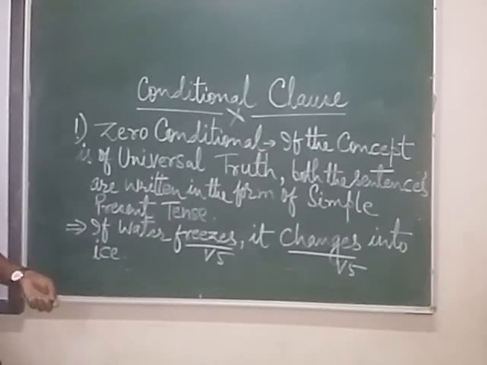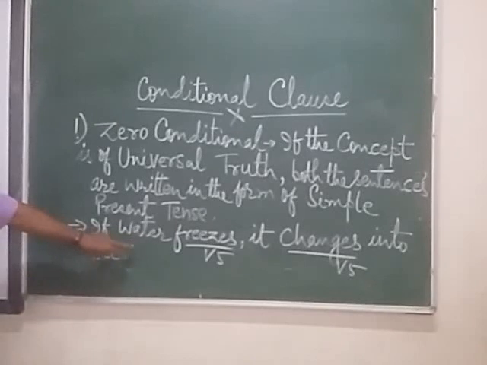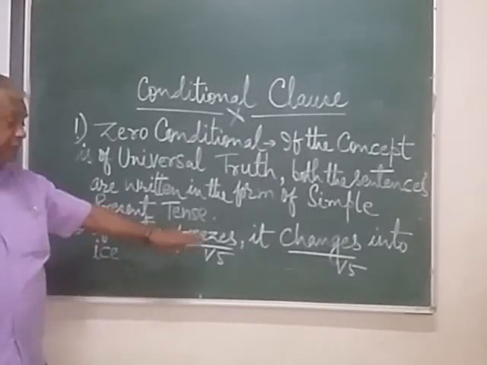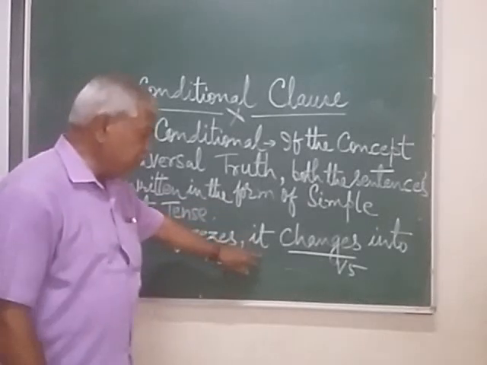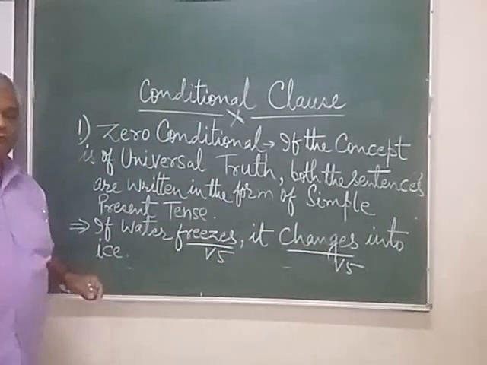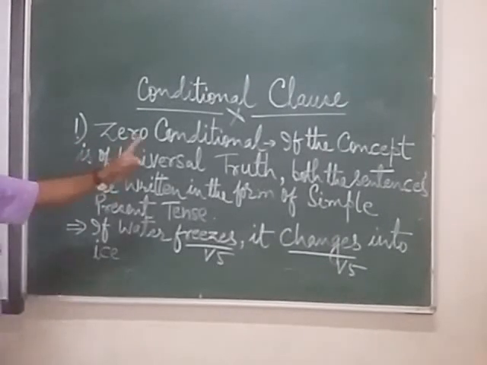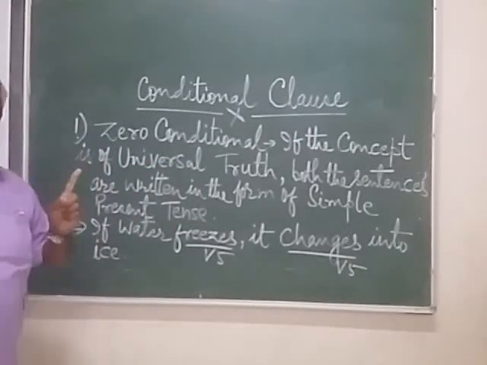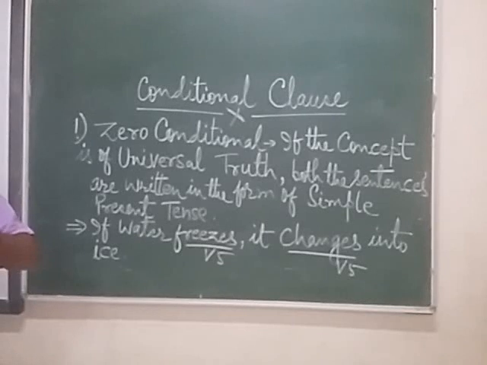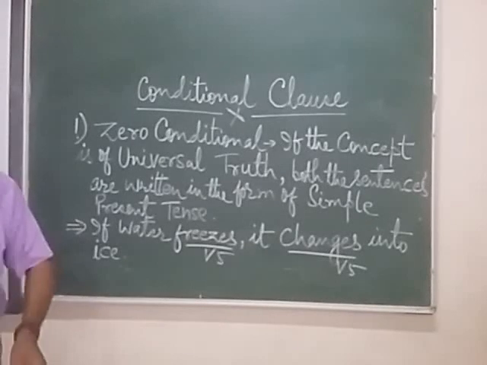Likewise with when: water changes into ice when it freezes. So the sentence can be written in both forms, in the reciprocal manner. So this was condition number one, which is known as zero conditional, and the concept of the sentence is always a universal truth. Now the second sentence.